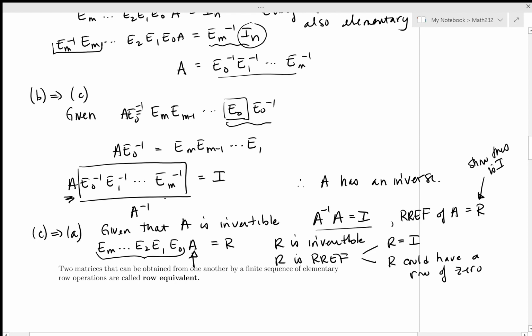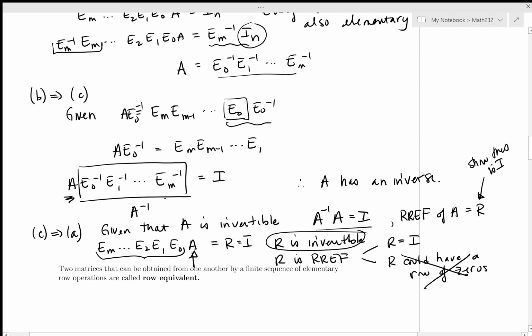That's possible in the reduced row echelon form. However, it is invertible, which means that it cannot have a row of zeros. So that means that this matrix R is the identity matrix, and we have shown that the reduced row echelon form of A is I.